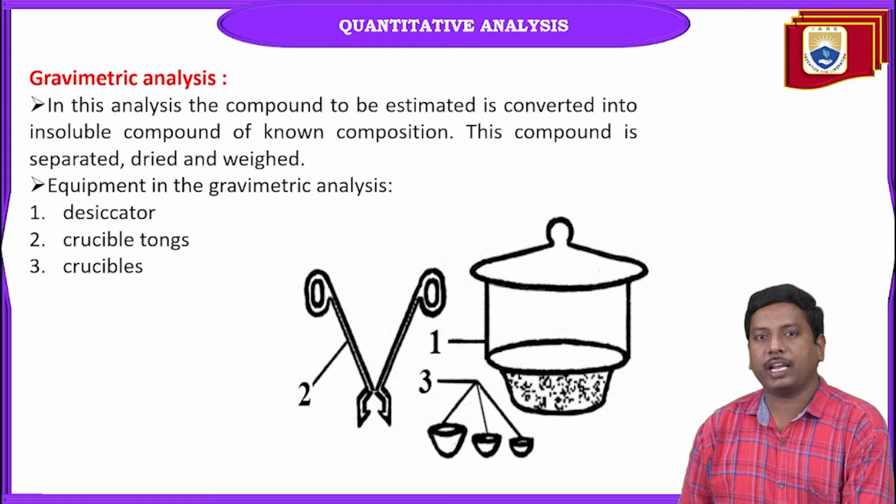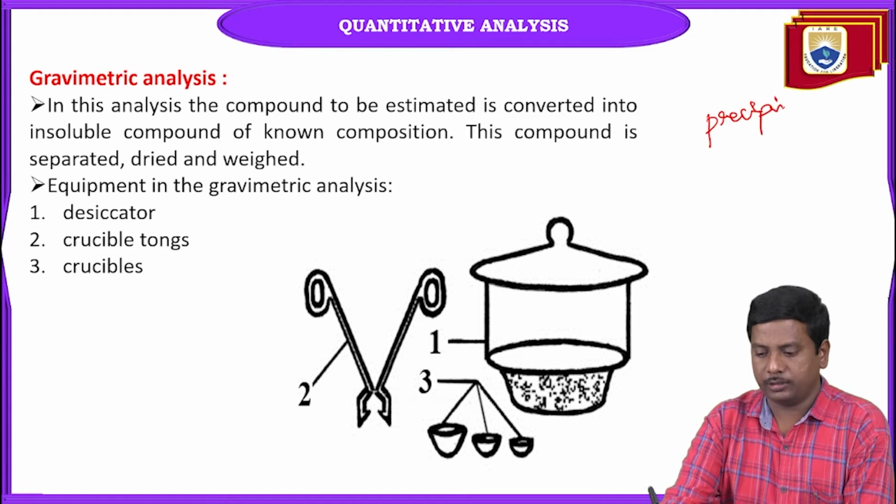In gravimetric analysis, the analysis is mainly done based on the mass of the substance. In this analysis, the compound to be estimated is converted into an insoluble compound of known composition. Insoluble compound means nothing but a precipitate.